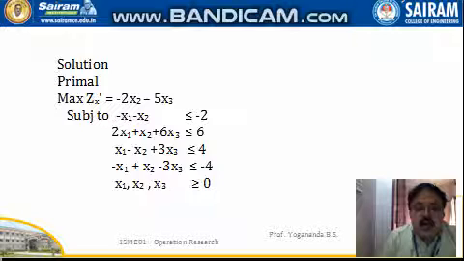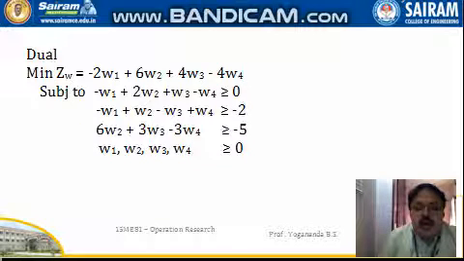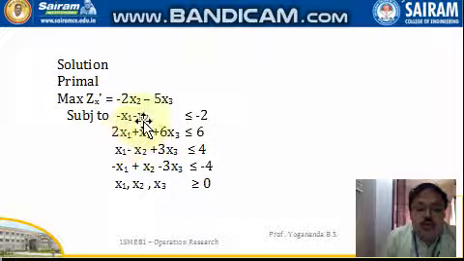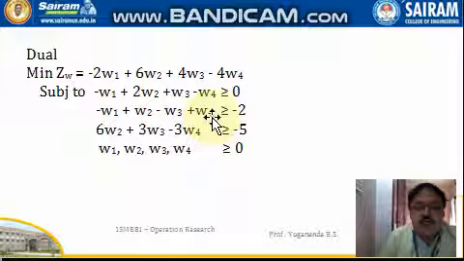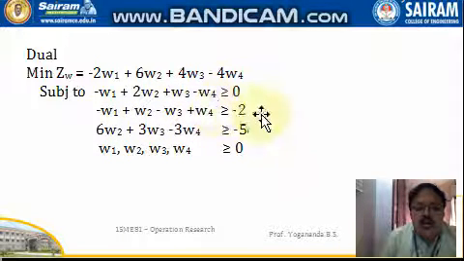So here it has less than or equal to, and in the dual we have greater than or equal to in all the constraints. Then we take the second column now, that is minus 1, 1, minus 1, 1, used here with the dual variables w1 to w4 and greater than or equal to minus 2.